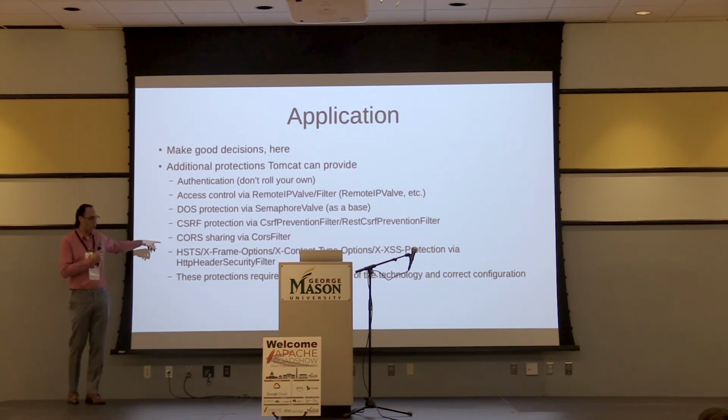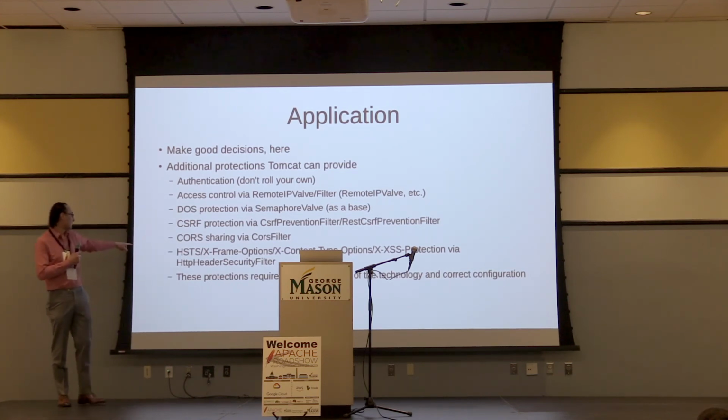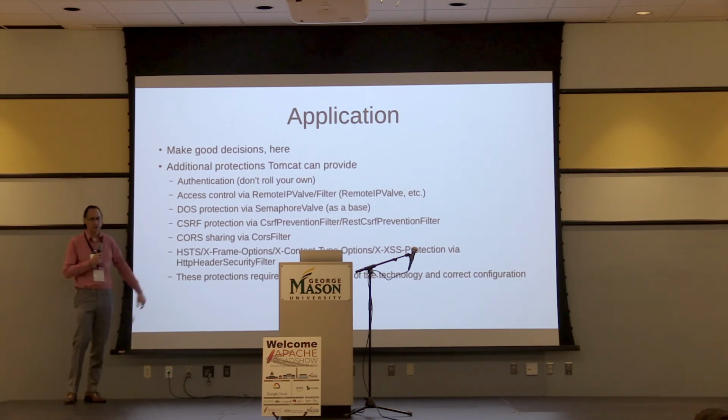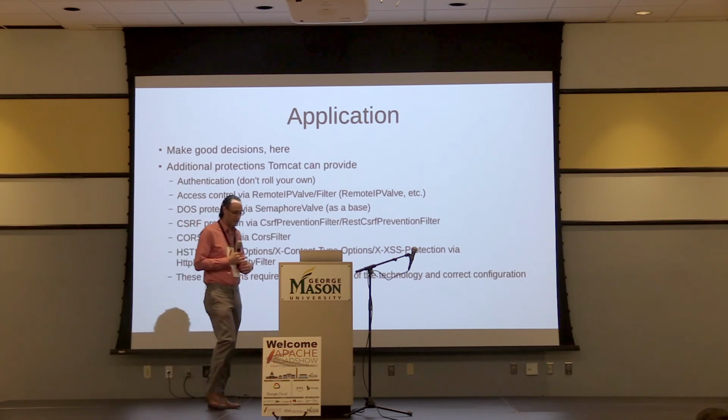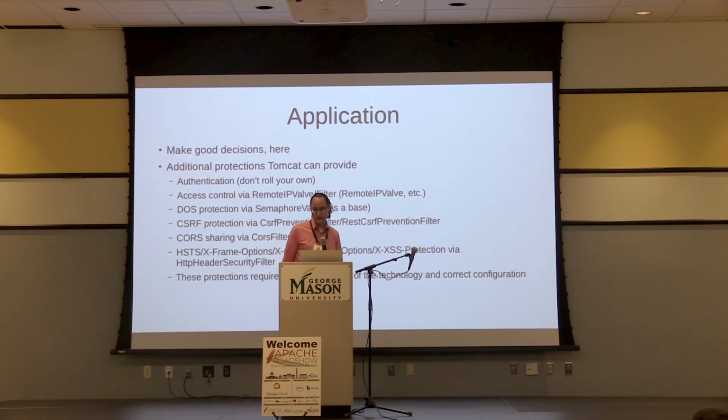CSRF protection, CORS sharing, and then this thing called the HTTP header security filter. It's a mishmash of different RFCs and internet standards that people have determined are good practices. Look into using those things, and they're all configurable through there. That is actually security that you can kind of sprinkle on the top.